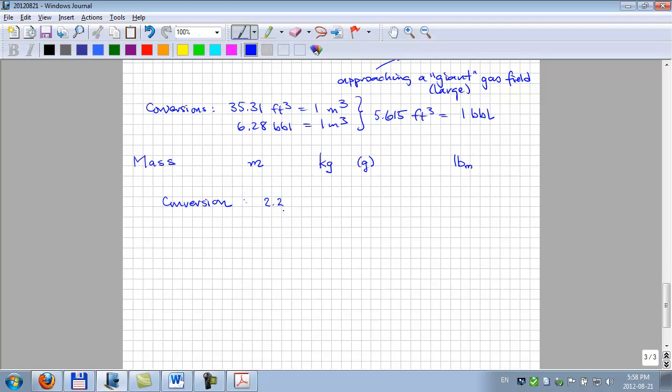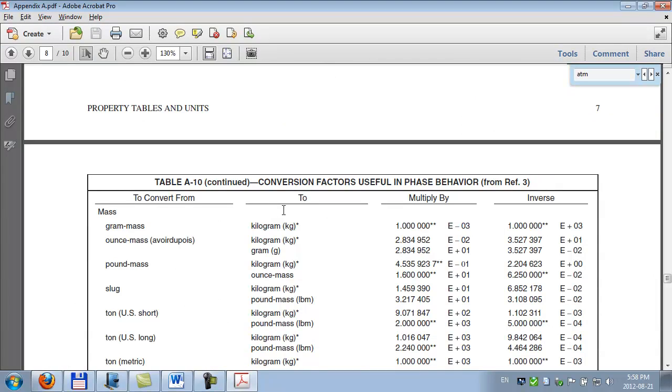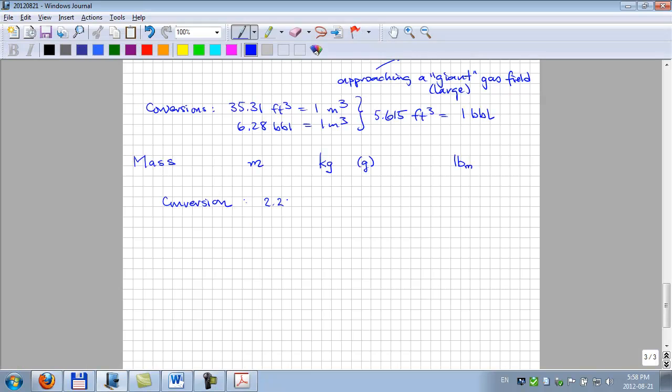Something like 2.2046 pounds mass per kilogram. And of course, everybody knows that there's 1,000 grams per kilogram. But the main one is this 2.2 number.